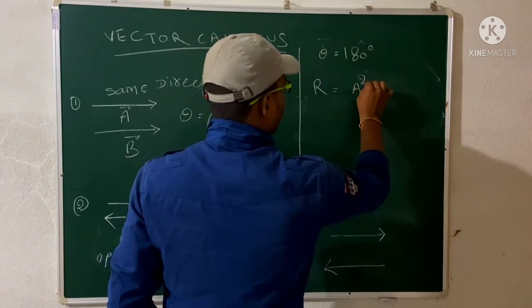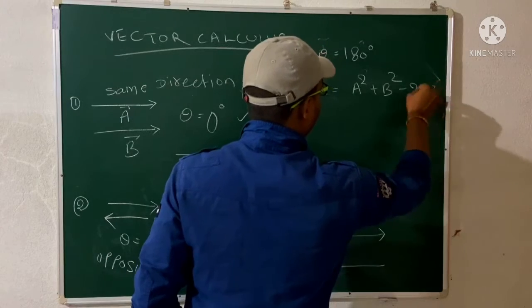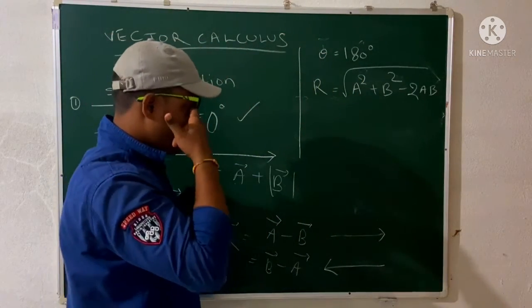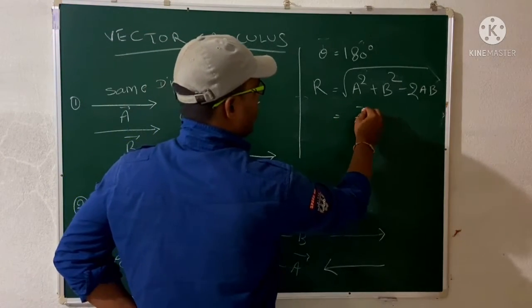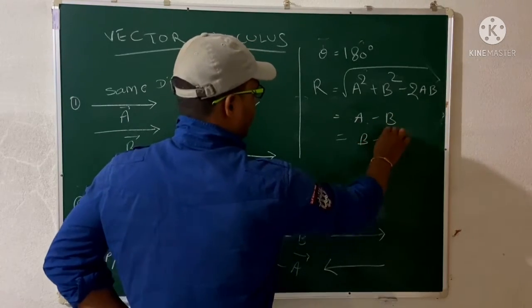A square plus B square minus 2AB, and its root. A is the magnitude of A vector, and B is the magnitude of B vector. So that will be A minus B or B minus A.